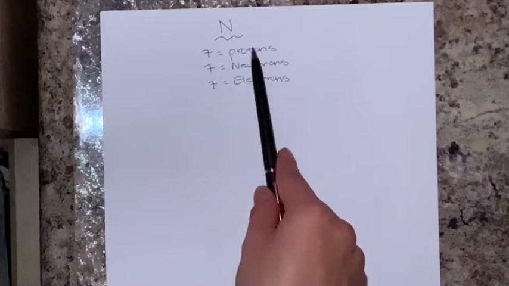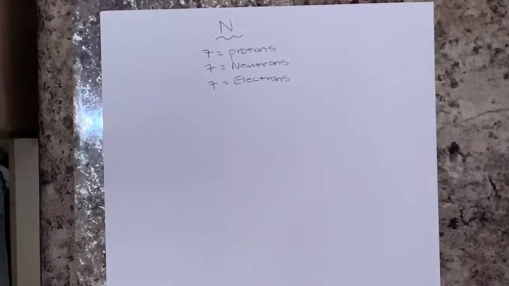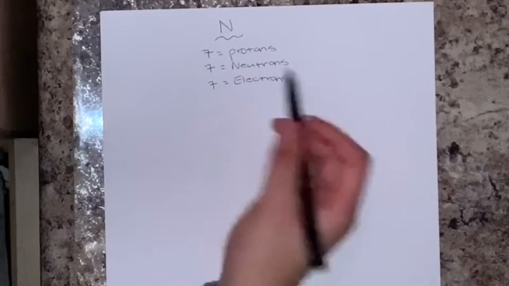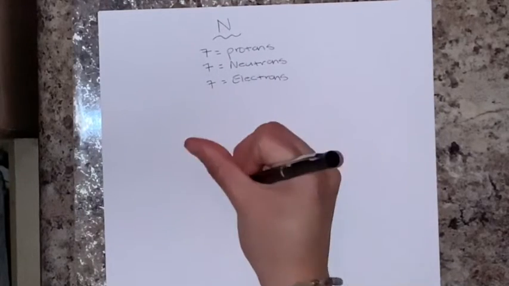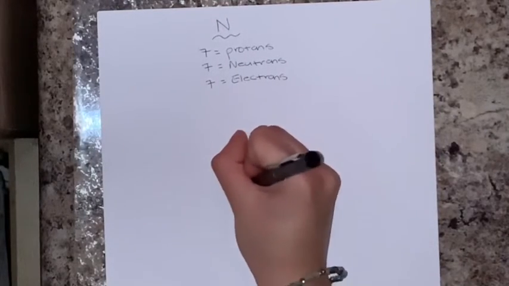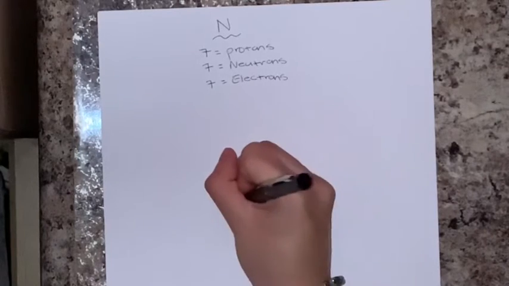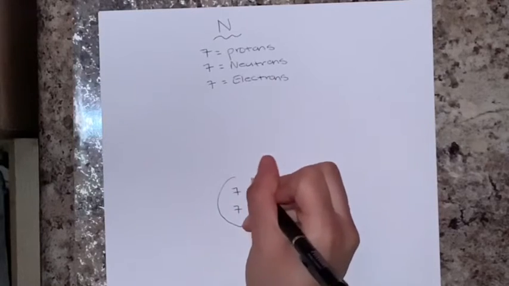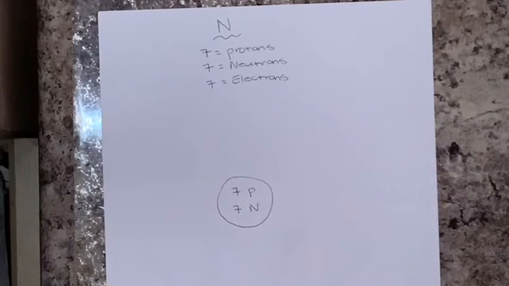So the number of protons and electrons are the same because it is a neutral atom, like I previously stated. The first thing we're going to do is write the number of protons and neutrons in the nucleus, which is in the center. So 7p for 7 protons, 7n for neutrons, and a circle representing the nucleus.